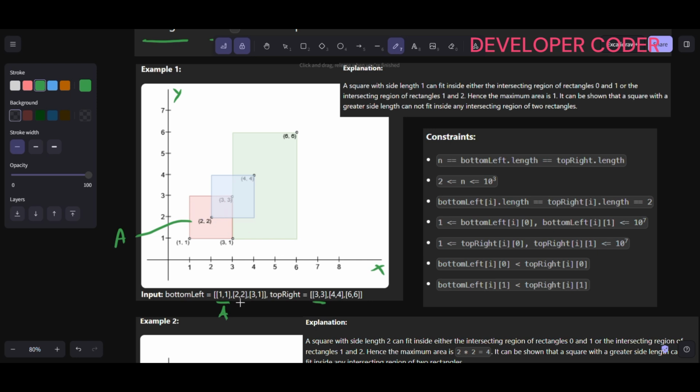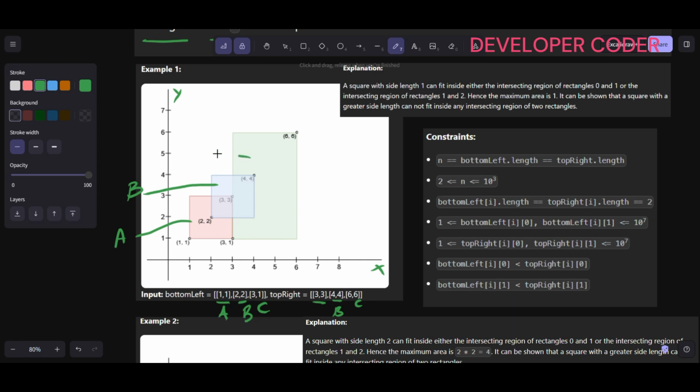Same way after that, if you see this square box B, here 2 2 is the starting bottom left and 4 4 is the top right, this blue color box. Now if you see this C square box, not a square box, because here it's 3 to 6, so length is 3, so it's a rectangle, right?